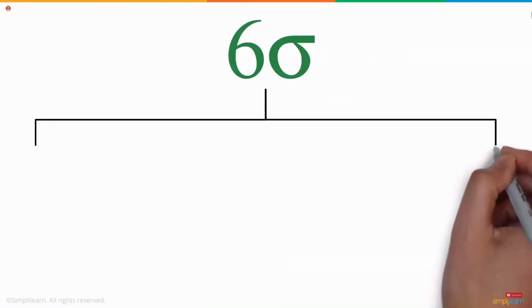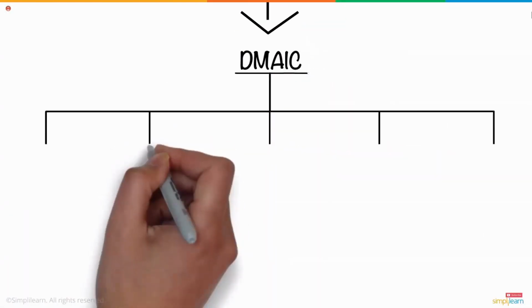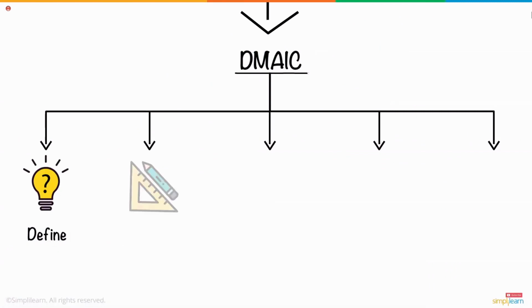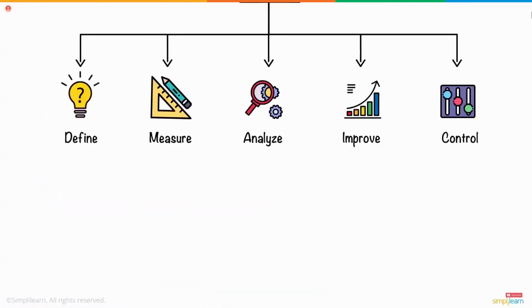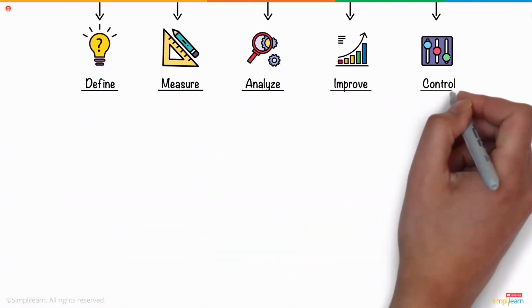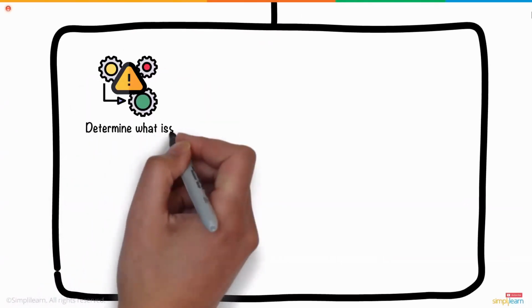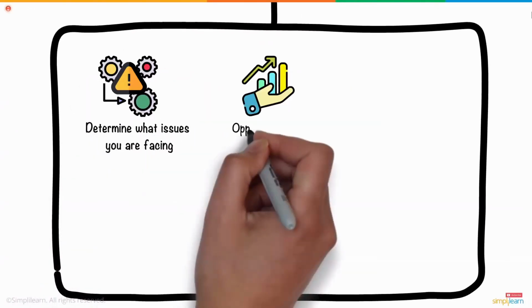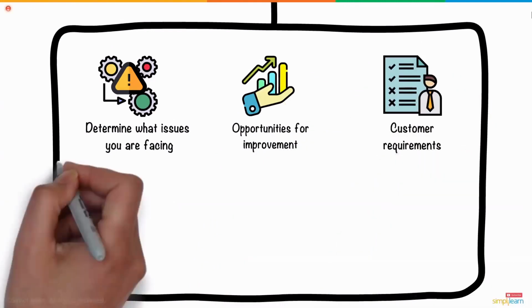Six Sigma has two major methodologies: DMAIC and DMADV. Let's look at the first methodology. DMAIC is an acronym for Define, Measure, Analyze, Improve, and Control. Let's have a look at each of these stages individually and how it relates to your earlier problem. In the Define phase, you determine what issues you're facing, what your opportunities for improvement are, and what the customer requires of you.